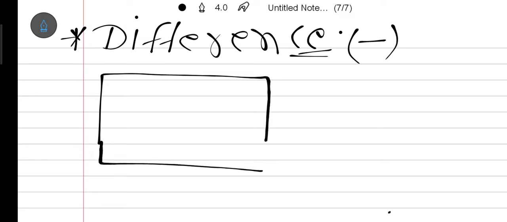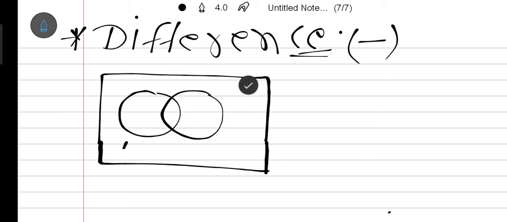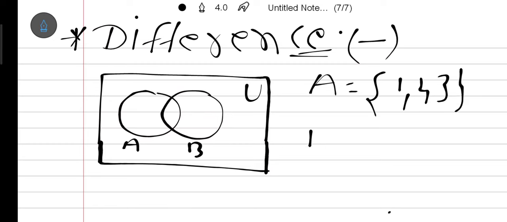You might already know all these things, but this is a class for basics, so that is why I'm telling you everything, though not in that much detail because we are left with very little time. Suppose these are the two sets A and B inside the universal set. A is 1 2 3 and B is 3 4 5.